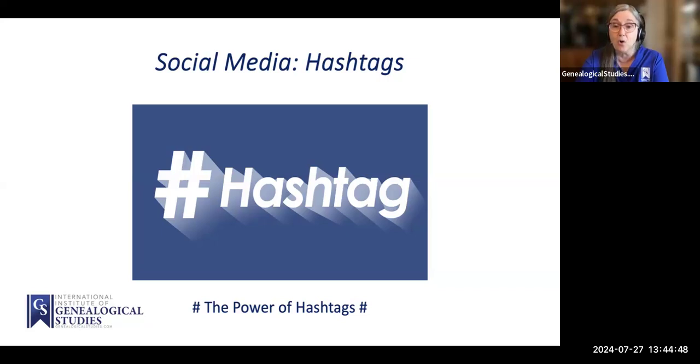If you're making a post or a comment about the Paris Olympics, and then somebody wants to see what everybody is talking about, all you have to do in the search is put hashtag and then whatever topic or name you want to search for, and it will bring up what people are posting about it. It's a good way to find out current news, but also hashtag the surname that you're researching, hashtag the community that you're from, hashtag anything. It's like a filter to narrow down your search results and see what comes up.